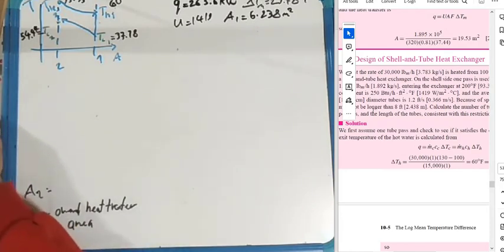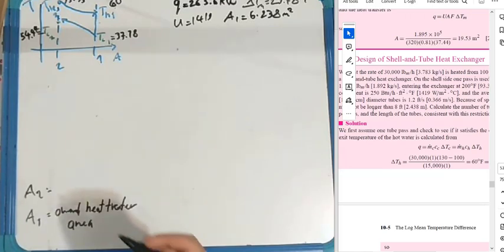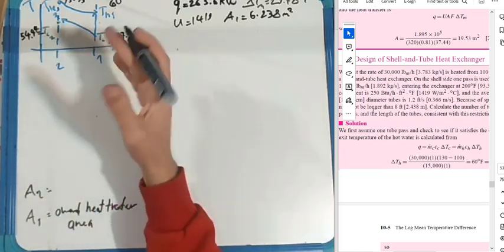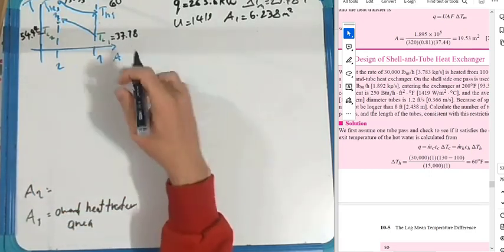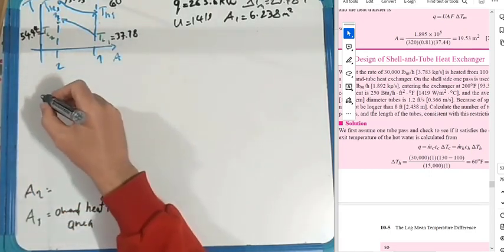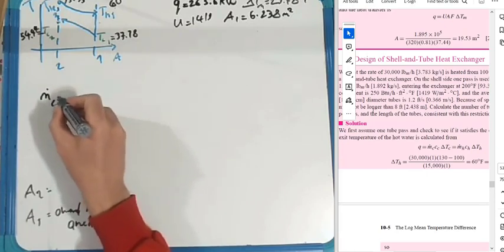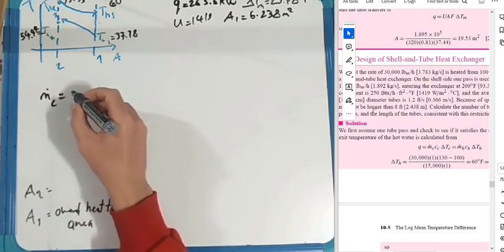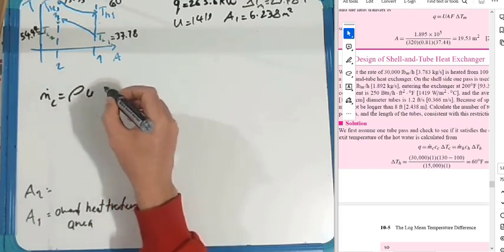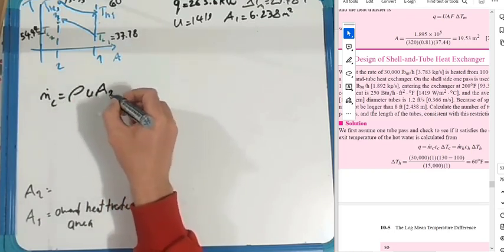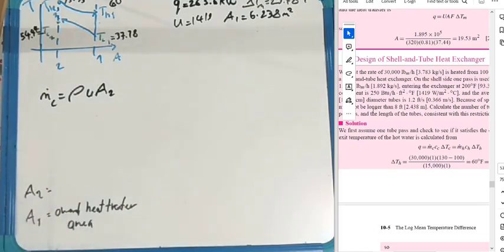Then what do we need? Anything? I have the formula to calculate the area of the cold section. What is that formula? This one: m dot, mass flow rate, equals density times velocity times A2. What is A2?